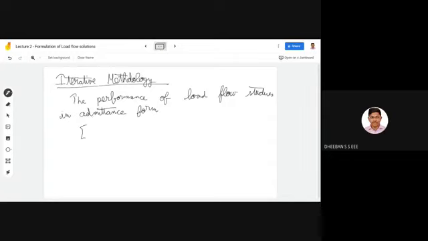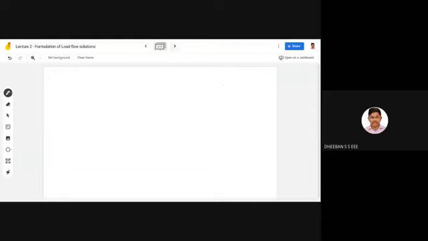This equation might be familiar to you: I bus is equal to Y bus into V bus. While defining your admittance matrix, we came across this equation. This is in the matrix format, and now we will be expanding it.